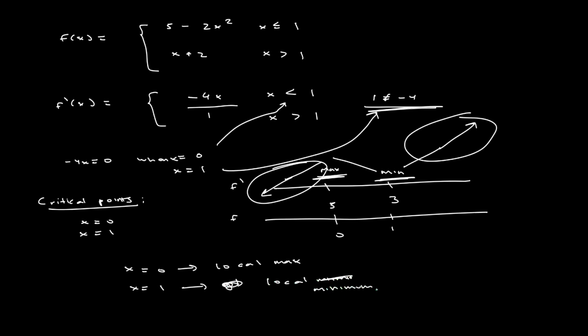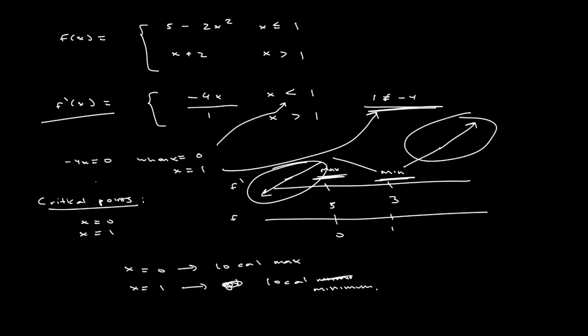And so, in summary, to find the extreme values of any function in a systematic way, we must find the critical points, right? If we were given a closed interval, the critical points include those two endpoints, as well as wherever f prime is 0 or undefined.